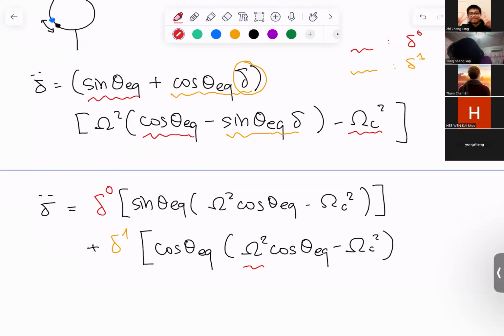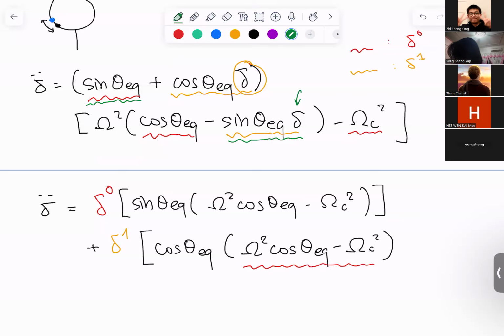So these are the red ones. These things multiplied by this term give you only one delta. And then there's another term, which can be multiplied by sine theta EQ, because this also only has one delta.